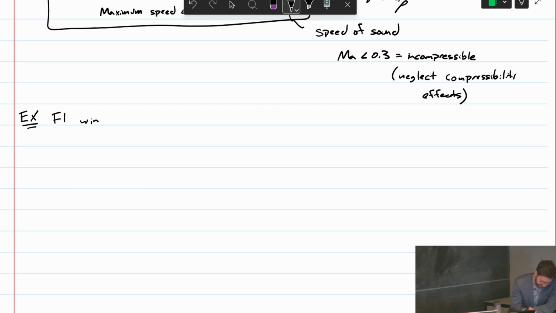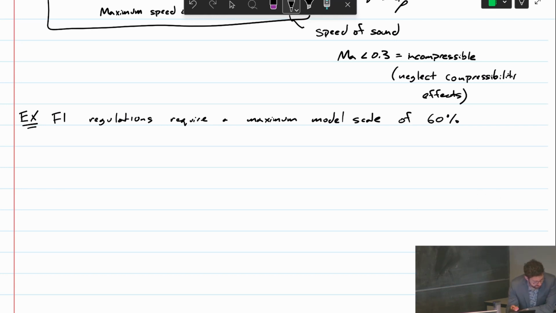So F1 wind tunnels, or sorry, F1 regulations require a maximum model scale of 60%. So in F1, you're not actually allowed to test a full scale car in a wind tunnel. You can only test a 60% scale car.